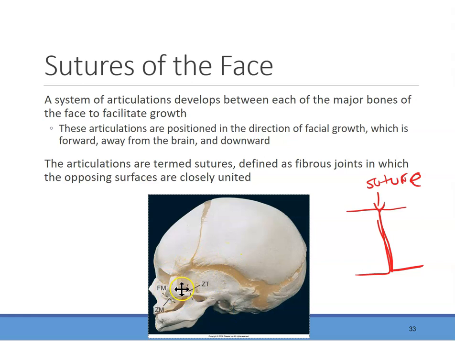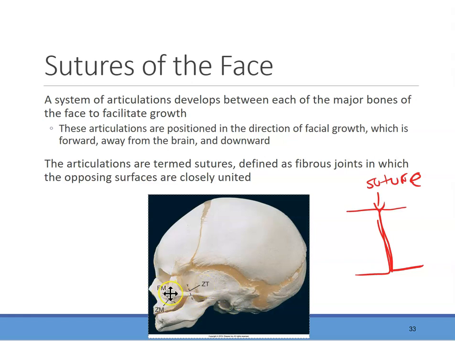So the cheekbone is your zygomatic bone, and T is your temporal bone, which is right here. So this is your zygomatic bone, this is your temporal bone. So where they meet is right over here, which is known as the zygomaticotemporal suture. Okay, where the zygoma, which is a cheekbone, and the temporal, which is like your temple bone, when they fuse together, it makes a suture, and that is the zygomaticotemporal suture.